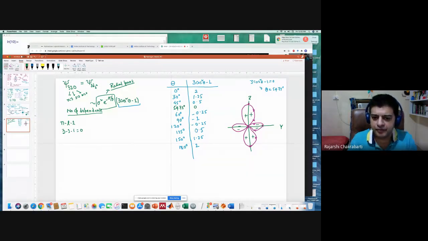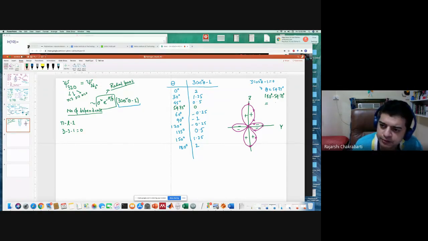Now, one thing I did not do, there's another angle which is 180 degree minus 54.73. I don't know what is the value. What is the value? 55, if I subtract from 180, what is the value?